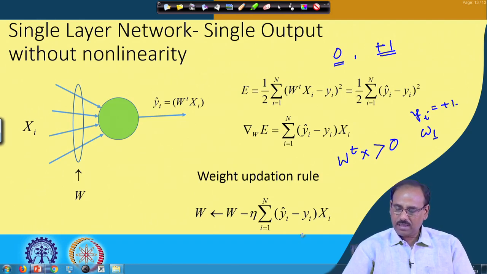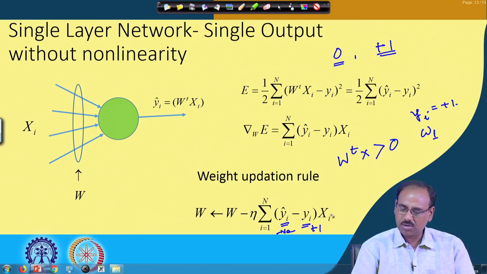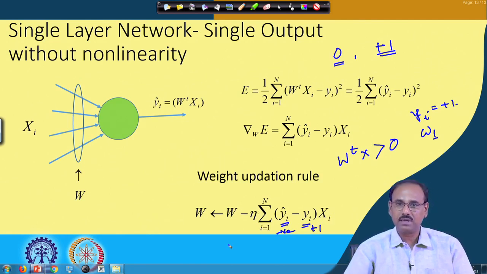Now, here you find that if my yi is plus 1, but I get yi hat to be negative, then, instead of taking the sum, let us consider a single feature vector xi. Which is nothing but stochastic optimization. We have also talked about that before. If you sum all of them, that means you are considering all the training vectors together, it becomes a batch optimization technique.